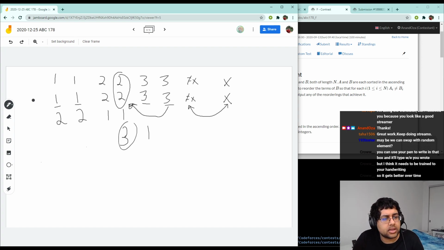Yeah, I think that should actually work. Hmm, so I'm thinking we have blocks and we want to swap stuff within the blocks. But then after you do the swapping within the blocks, your stuff gets unsorted, which isn't great.